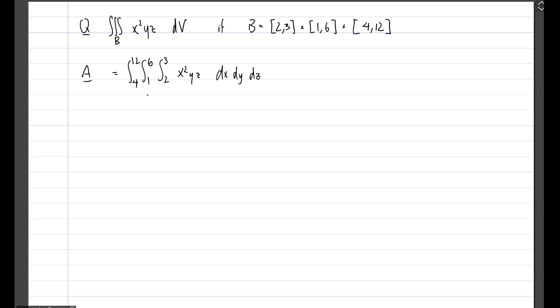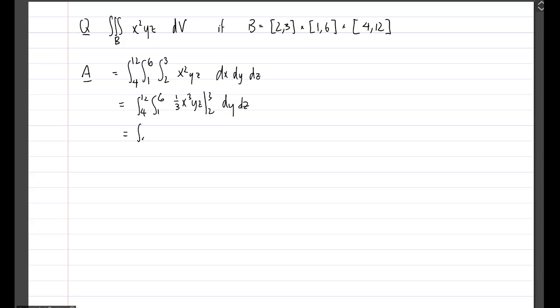Okay, and then if we just go through some steps for this, this should be integral 4 to 12, integral 1 to 6. Just focus on the inner integral, and we should integrate with respect to x. So 1/3 x cubed yz, evaluating at 2 and at 3. Copy still the dy and dz.